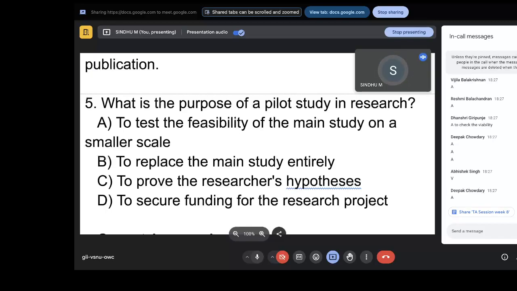For example, if it is a questionnaire, then instead of sending it to some 1,000 people, maybe they'll start by sending it to some 15 or 20 people, and based on that they can make any modifications to the main study and check whether it is feasible or not. So that is the purpose of a pilot study.